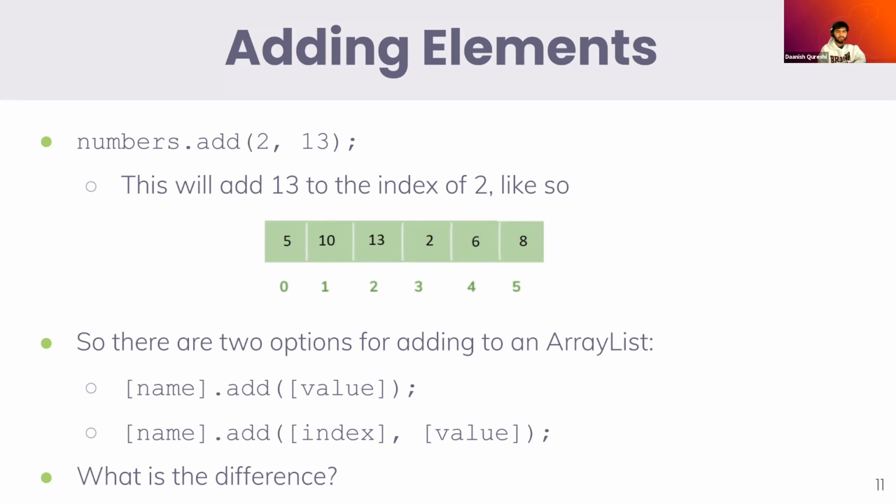When you construct an array list for the first time, it becomes empty, so you will probably use the first one, name.add with just the value, for building up the array. But if you want to go back and add something in the middle or at the beginning, you will use the other. You will use one versus the other in certain circumstances.